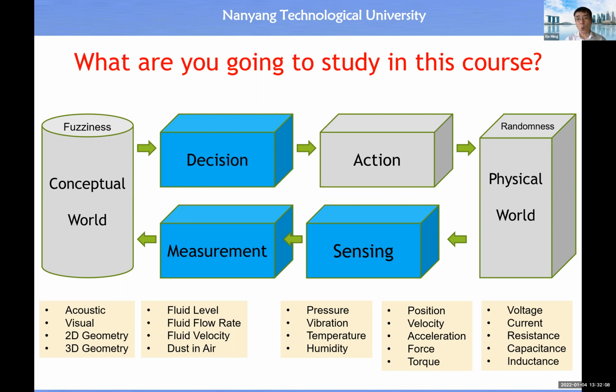This course will also cover the basic details about the physical world and the conceptual world. This course will also teach you the basic knowledge for you to cope with randomness, and for you to understand the phenomenon of fuzziness in the conceptual world.